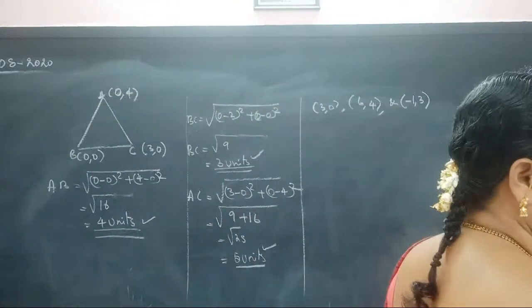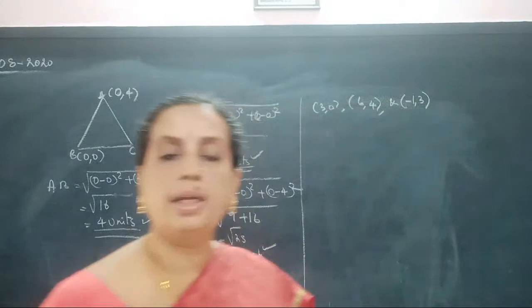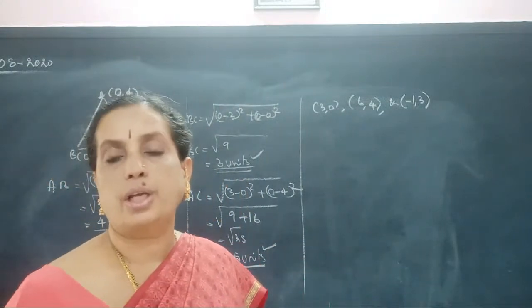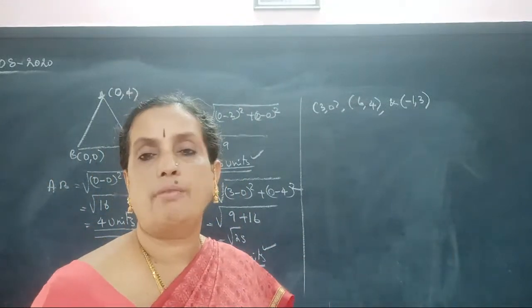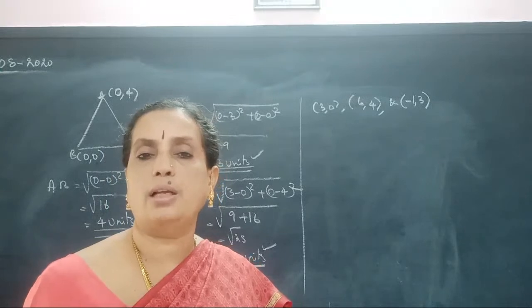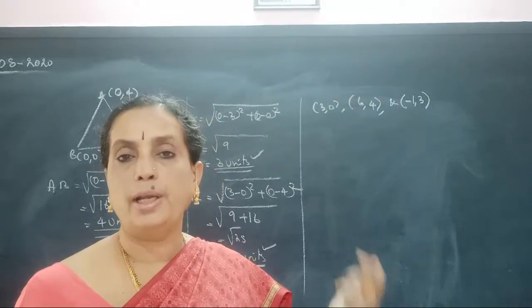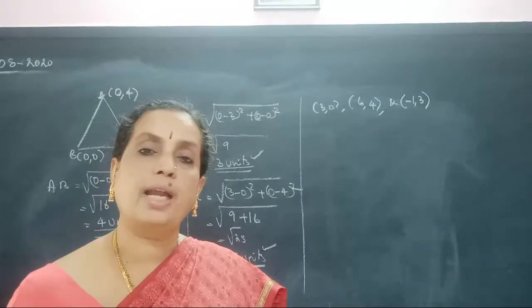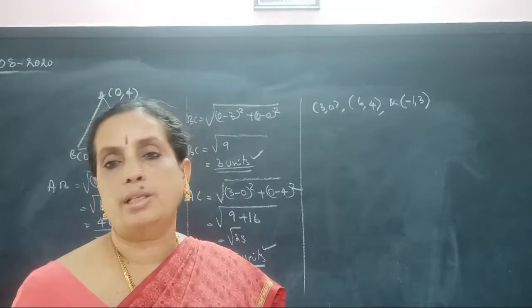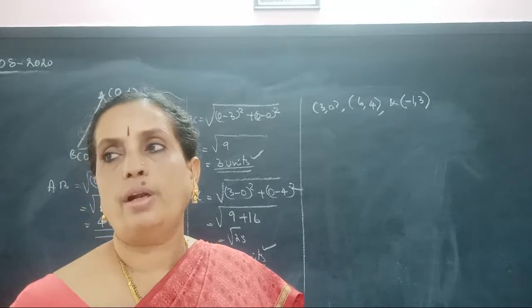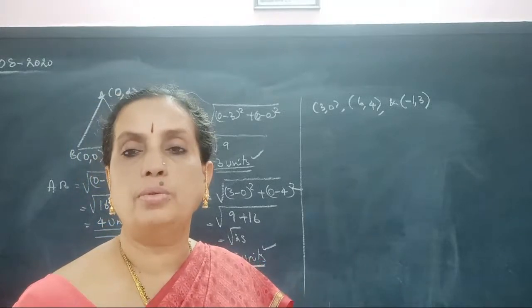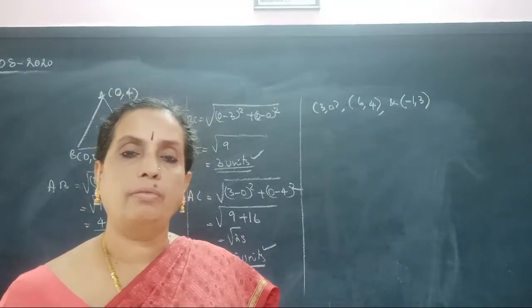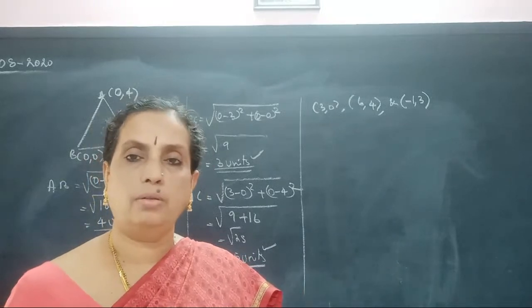This type of question we have answered in the beginning of the class. To check whether they are the vertices of a right isosceles triangle, the first condition is that any two sides should be equal. The second condition is that it should satisfy the Pythagoras relation. That is, the square of one side should be equal to the sum of the squares of the other two sides. Okay?